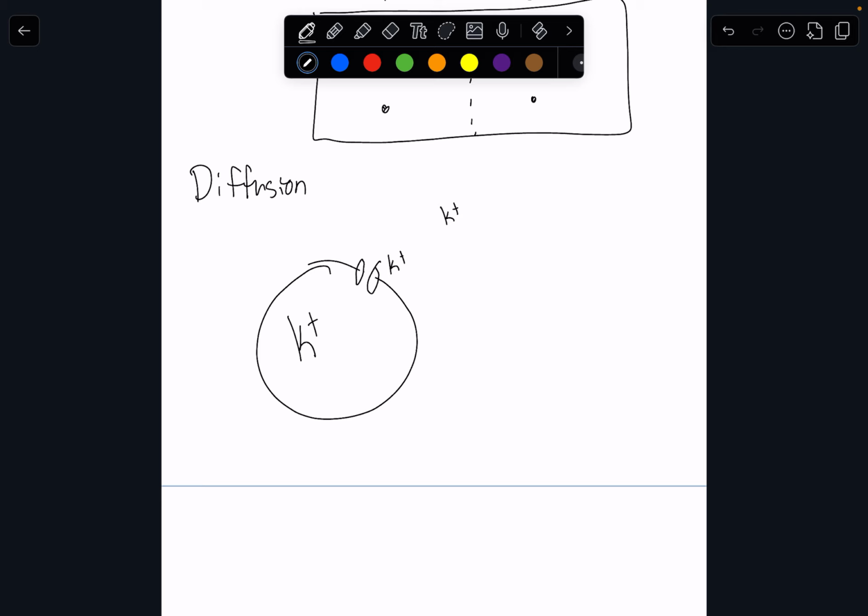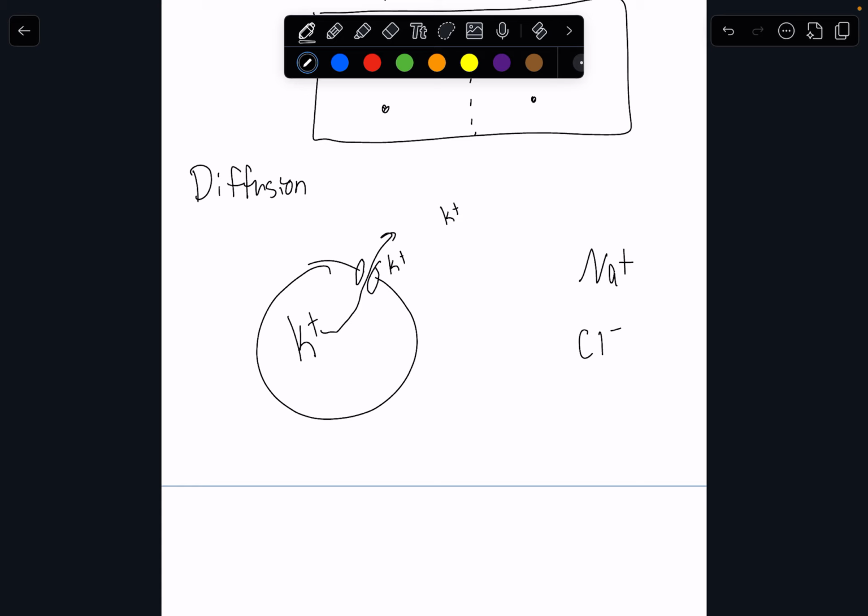So this channel protein allows movement of this potassium to go outside the cell. With these channel proteins, they can be for specific ions. So in this case, it was potassium. Other ones only allow sodium, which is Na+. Others will only allow chloride, and so on.